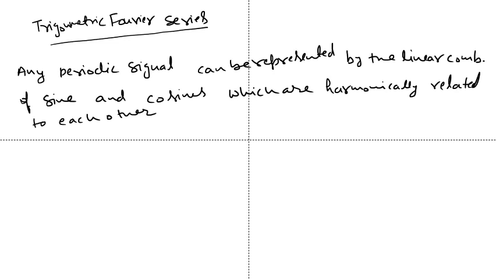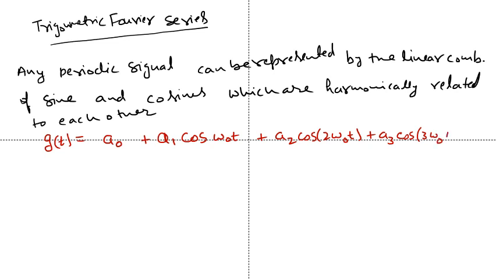So let me first represent a signal g in terms of this. Suppose you have a signal g(t). So you have A naught, addition with A1 multiplied with cos of omega naught t, addition with A2 cos of twice omega naught t, A3 cos of thrice omega naught t, and so on. It will go till infinity.